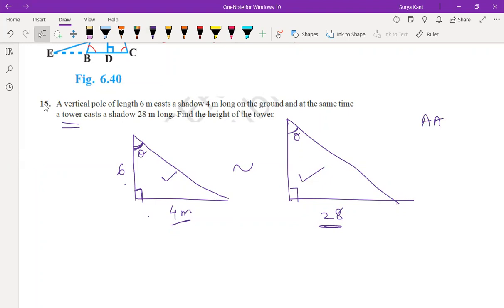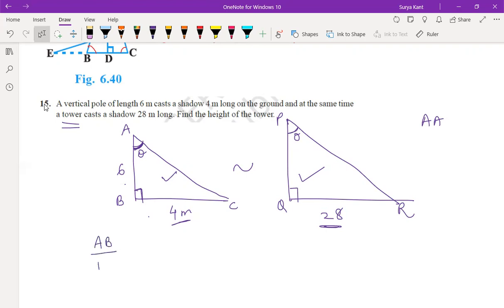Then what we can do, Samarth? Sir, we are getting the ratio 3 by 2, right? 6 and 4 ratio. So the same ratio will also be in the larger triangle. So we can multiply 28 by 3 by 2. See what we can write here. If both triangles are similar, their sides are also proportional, right?